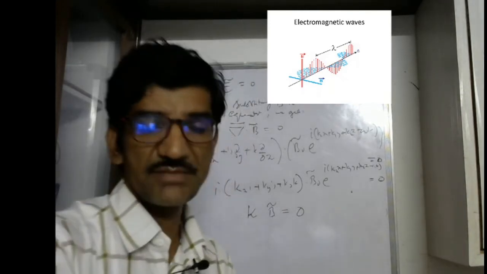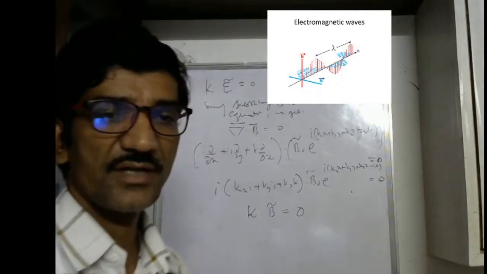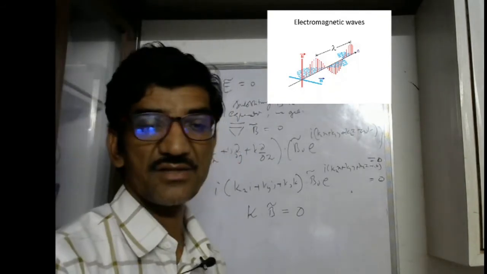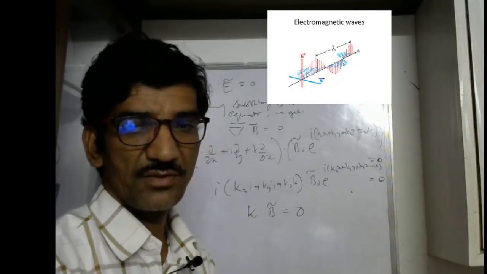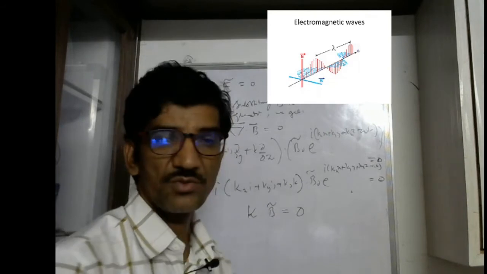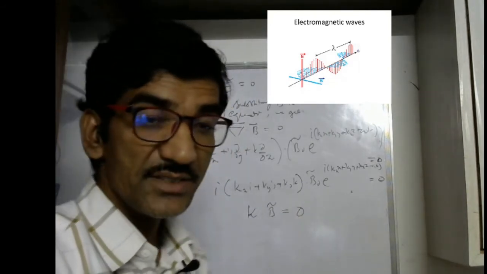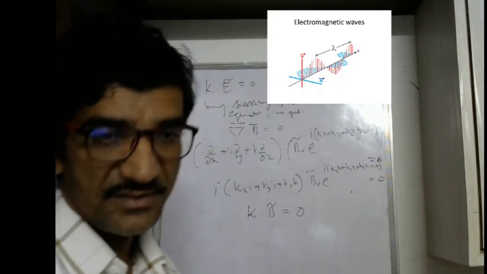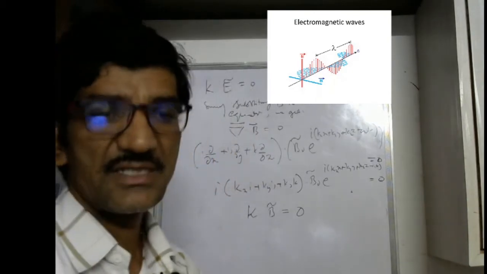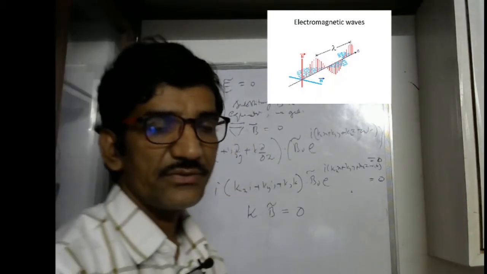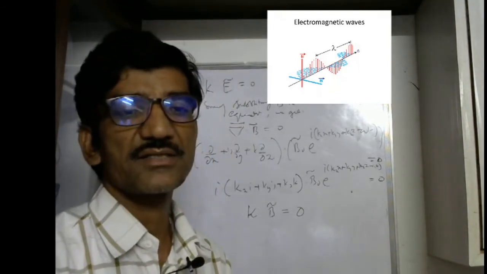What is the meaning of that? Now the angle between the direction of propagation and B is also 90 degrees. Why? Because KB cos 90 is 0. The dot product becomes 0 only if the angle between these two vectors is 90 degrees. So your B is also perpendicular to the Z axis. So here E and B are not in the direction of propagation.